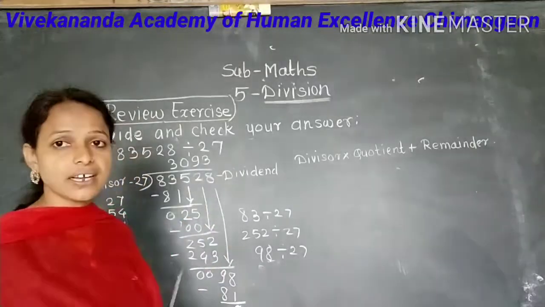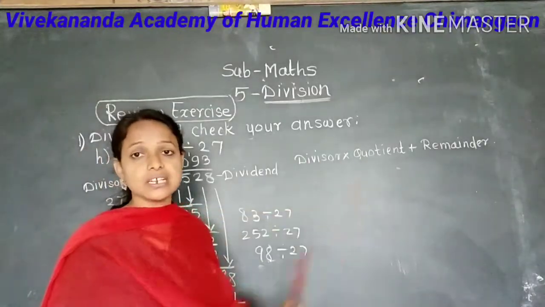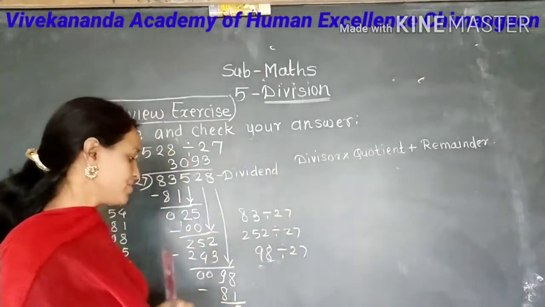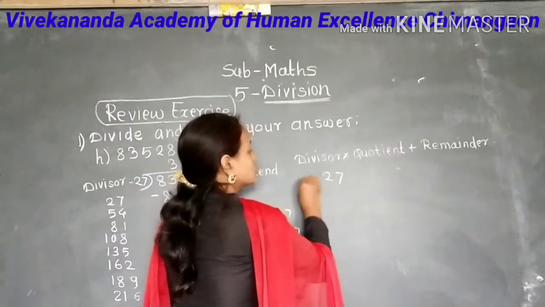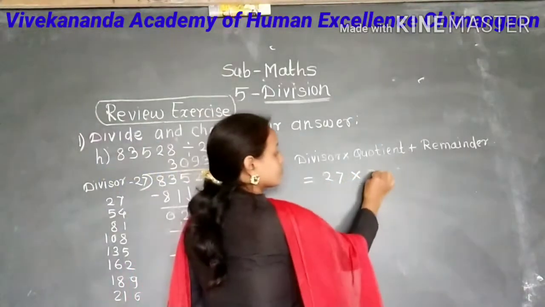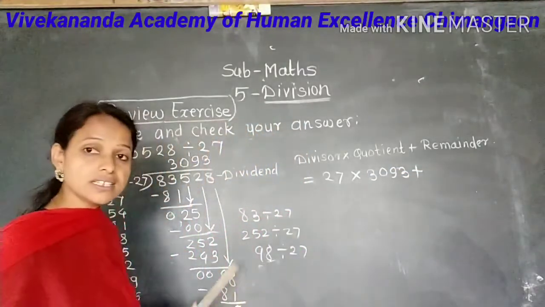Okay, now we will check our answer by the division algorithm. Divisor into quotient plus remainder. Now we will put the value of divisor, quotient and remainder in the division algorithm. Divisor 27. Quotient 3093. And remainder 17.